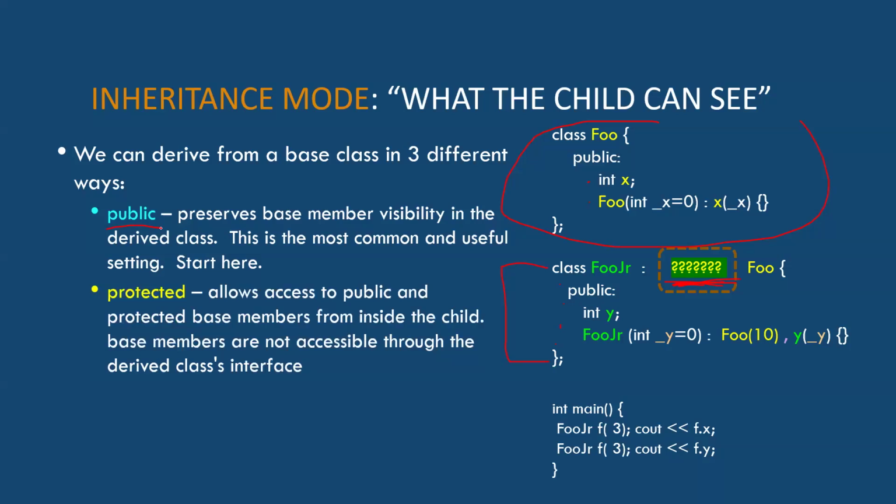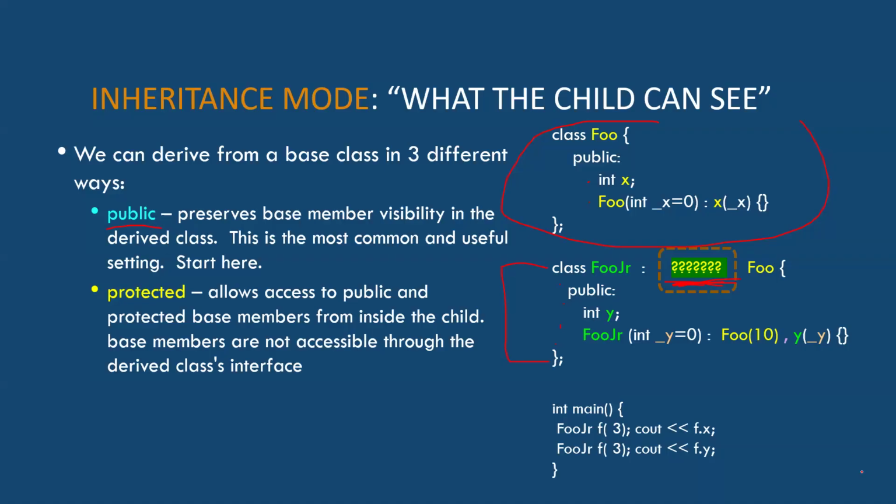If it's protected, that means that anything that is available to us, public and protected base members of this class, is accessible inside of the child, but they are not accessible through any derived class interface.